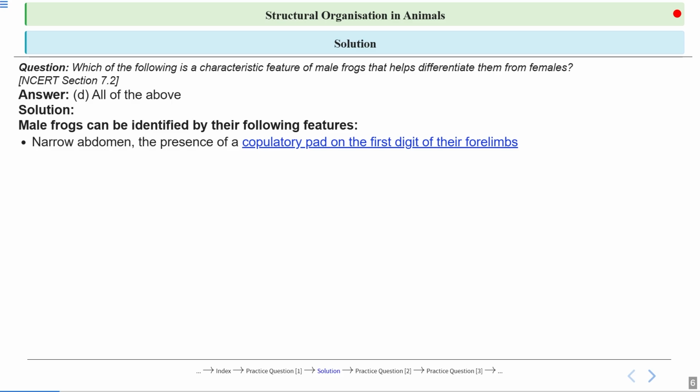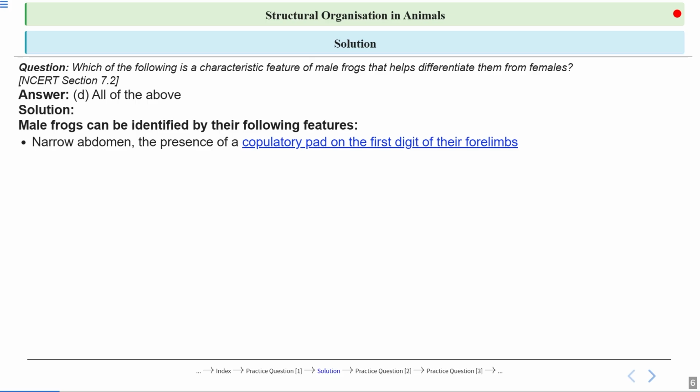Their abdomen will be narrow, whereas the female frog has a wider abdomen. The size of the female is larger than the male. Males are smaller in size.